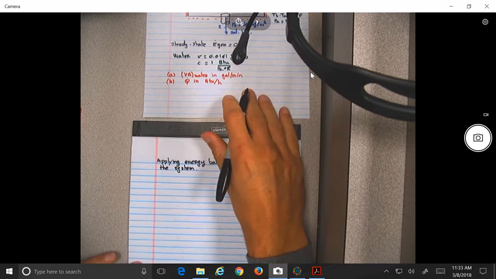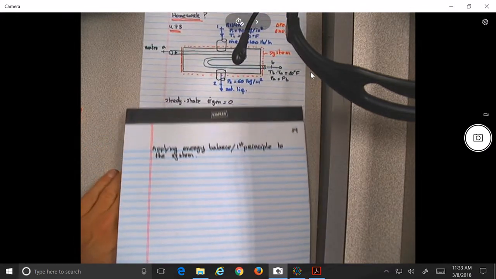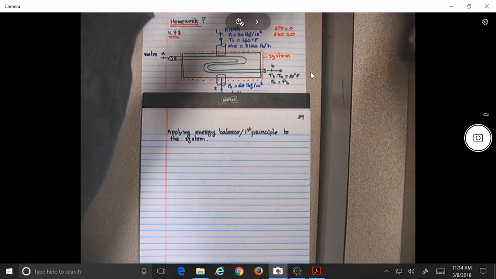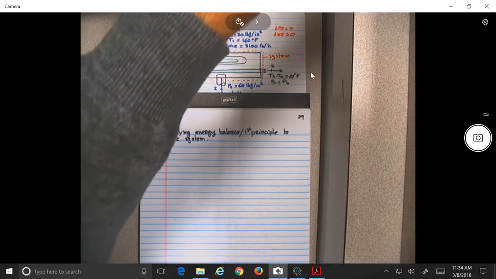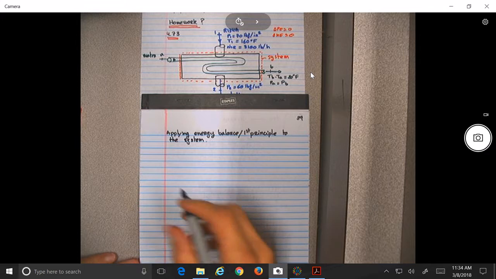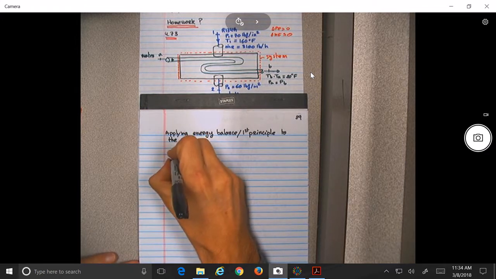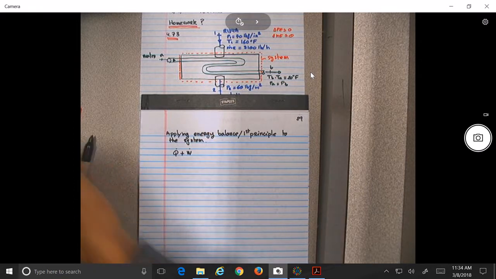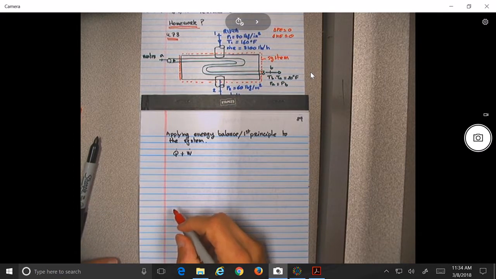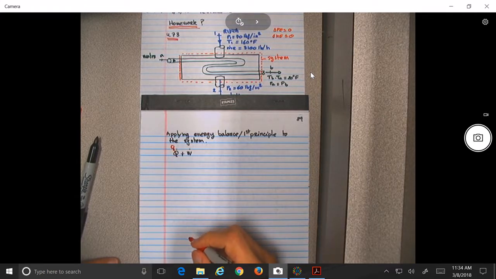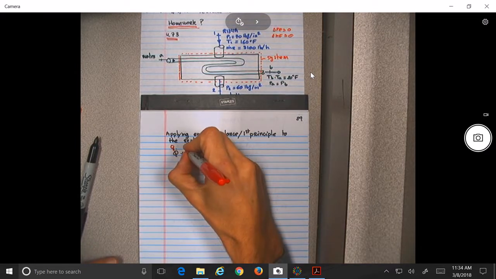By looking at the figure, do we have any heat going in or coming out? No, so this is 0. Do we have any work or anything done on that system? Everything comes from the figure, no work.